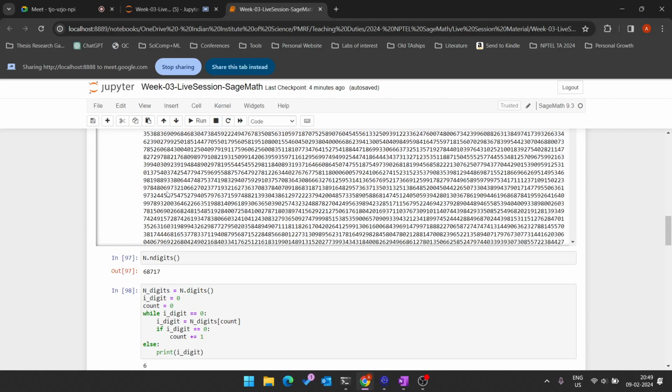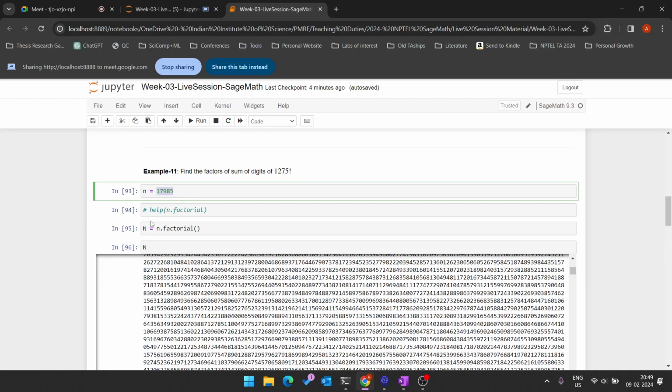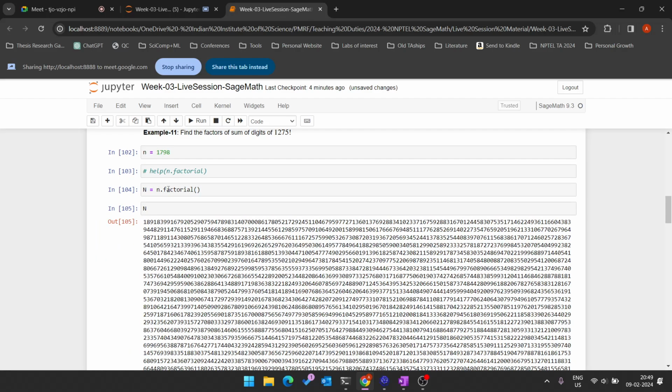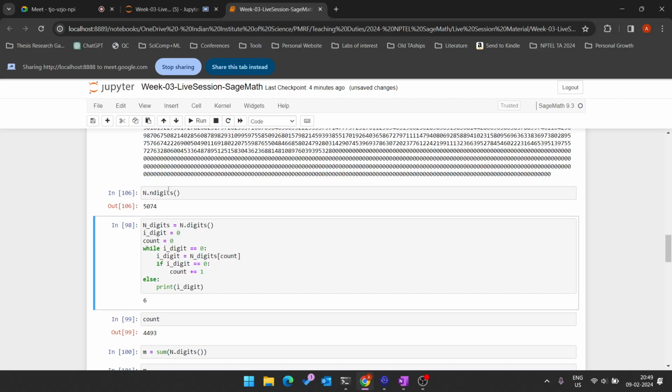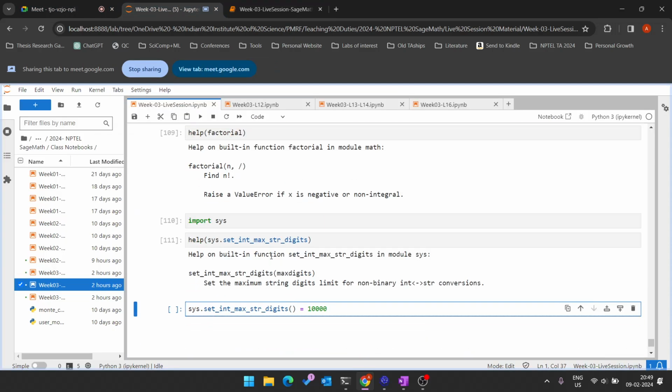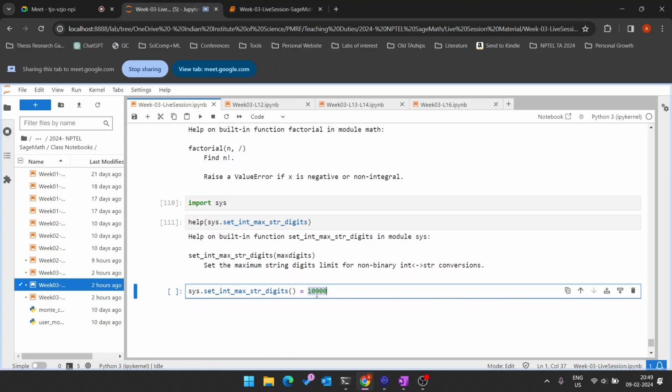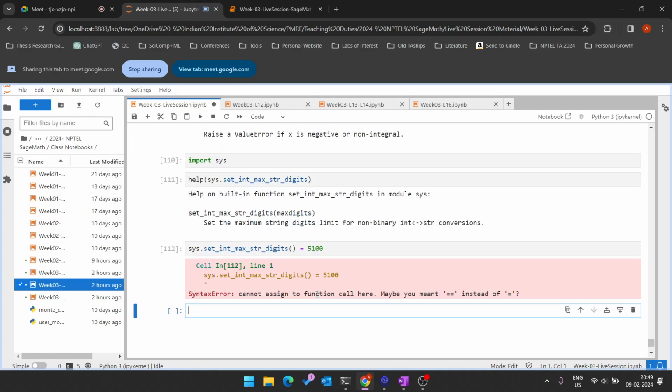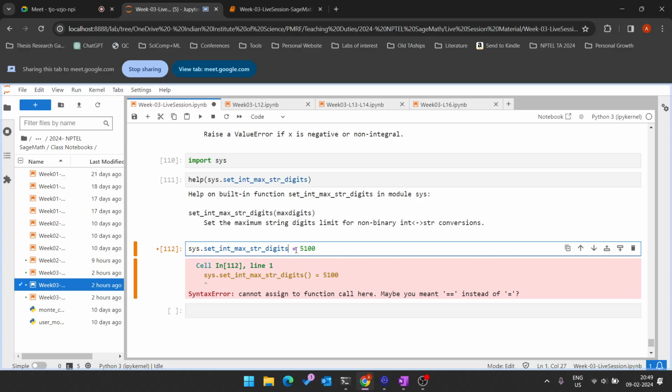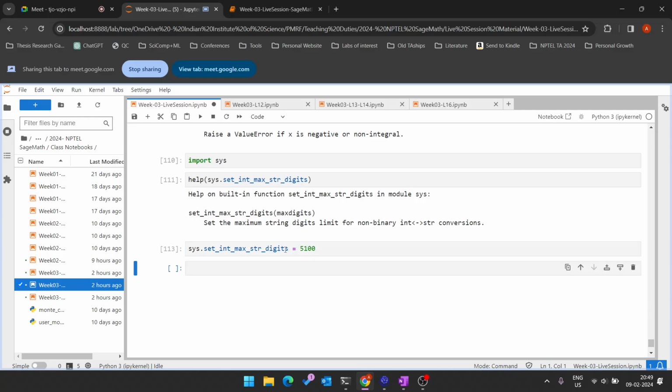We have around 68,000 digits. So, okay, let me look at a simpler example. 1798 has how many? SageMath is telling me that 1798 has around 5,074 digits. So let's try and change this to 5100.